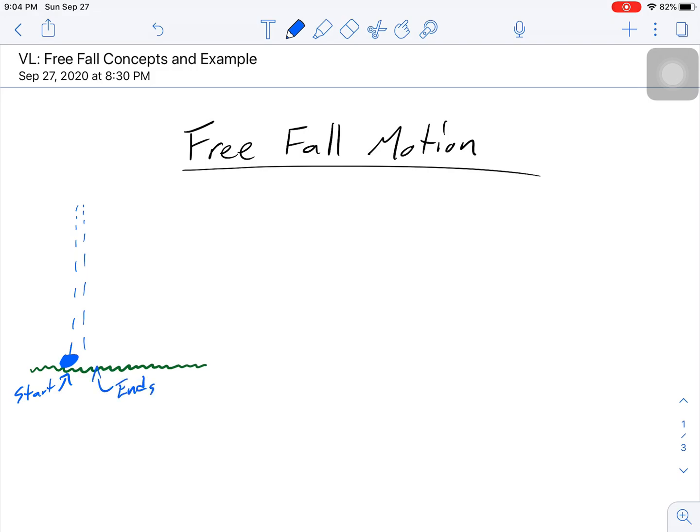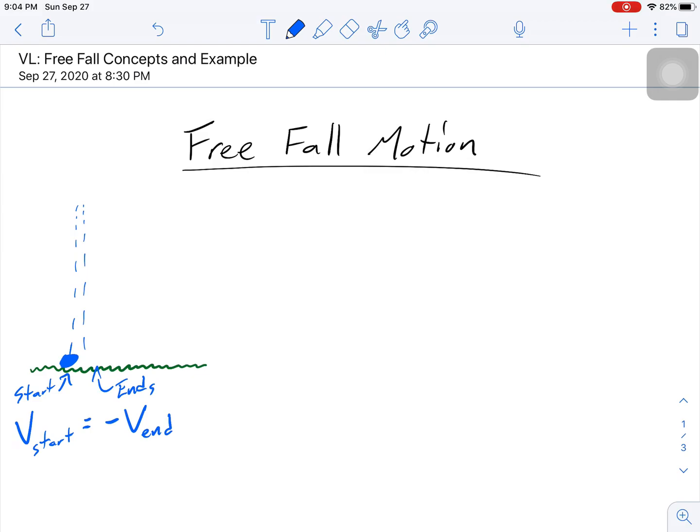And now here's what's really unique about free fall motion. If the starting point and ending point are at the same height, the speed is going to be equal and opposite, right? So if we know the velocity at the start, it will be equal and opposite to the velocity at the end. Think about this.